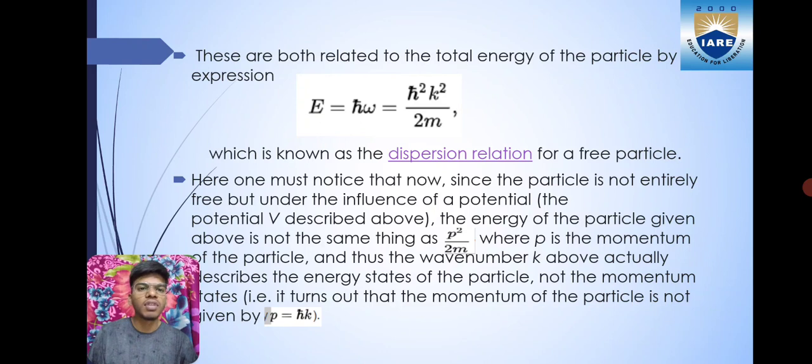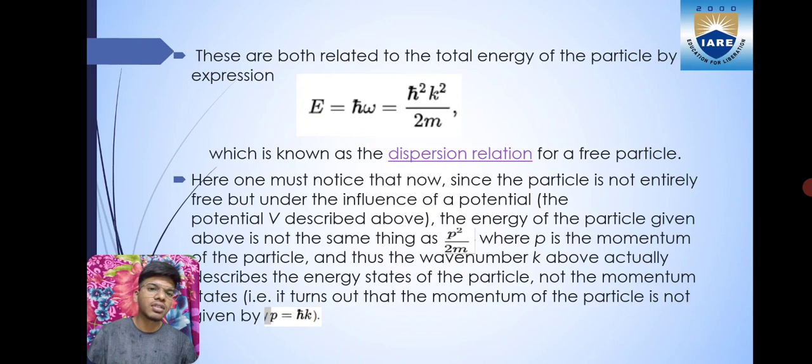Here one must notice that since the particle is not entirely free but under the influence of a potential, the potential we described above, the energy of the particle given above is not the same thing as p²/2m, where p is the momentum of the particle, and thus the wave number k above actually describes the energy states of the particle, not the momentum states.